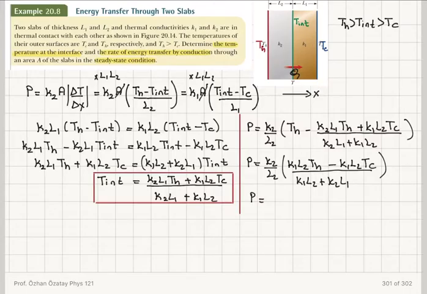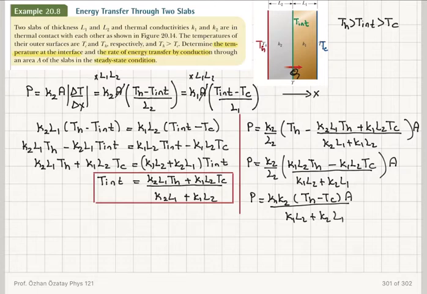The power is equal to K1 K2. Of course, I have the area in the power expression too, so I shouldn't forget that. There is the area. So K1 K2 (T hot minus T cold) times the area divided by (K1 L2 plus K2 L1).